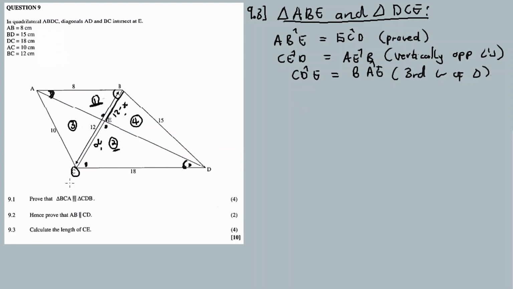If ama angles ayi-2 are equal ngaphakathi kwe triangle, the third one is also equal ke, right? Therefore it means that lama triangles are similar: triangle ABE and triangle DCE. So proving similarity, right?